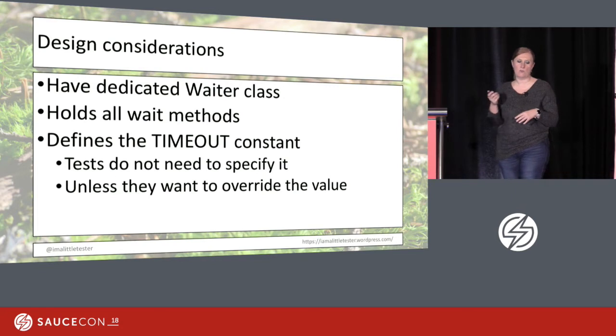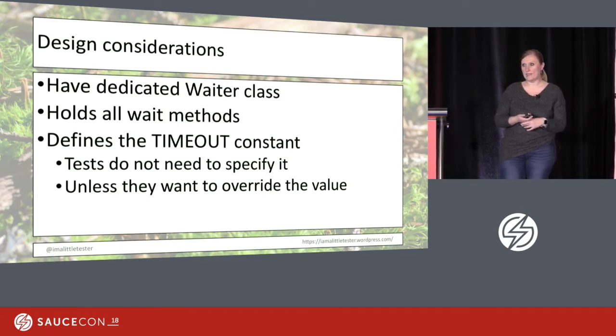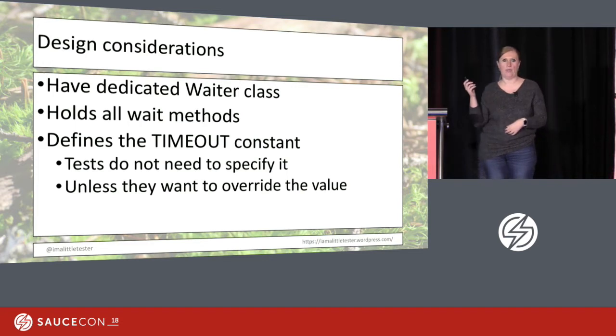And in that waiter class, I will specify a timeout constant, so that when I call the waits from the wait class, I don't need to specify the timeout for each test. I have a default value, which is usually 30 seconds in a test environment. So I will wait normally for up to 30 seconds for something to happen on the page. If you're thinking about running the same test in production, 30 seconds might be a lot.